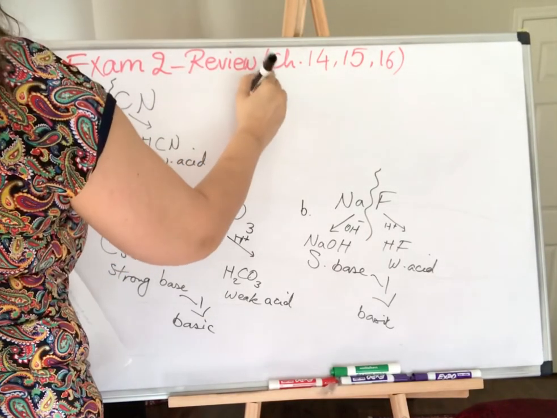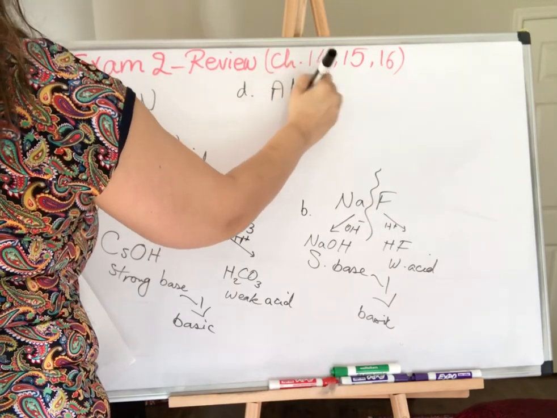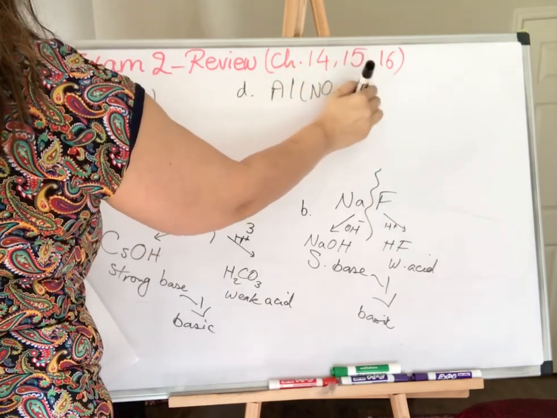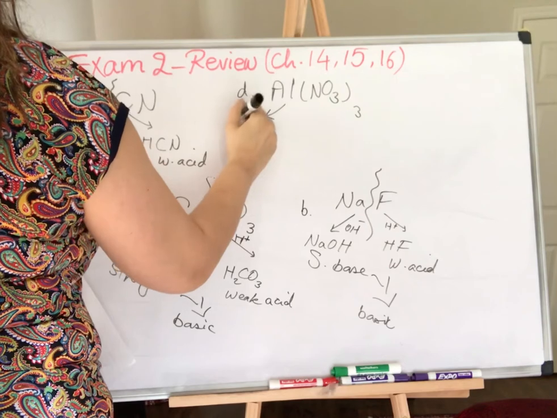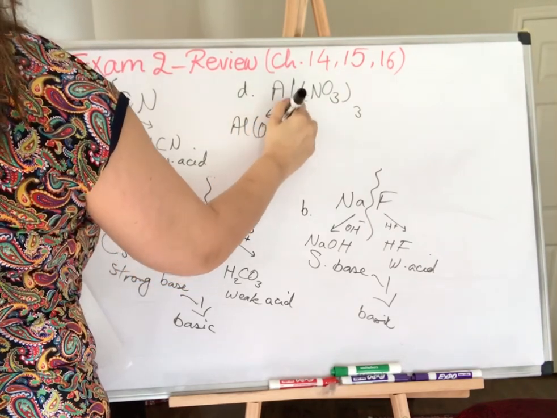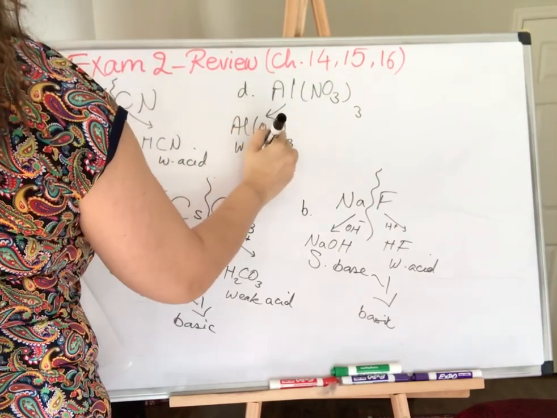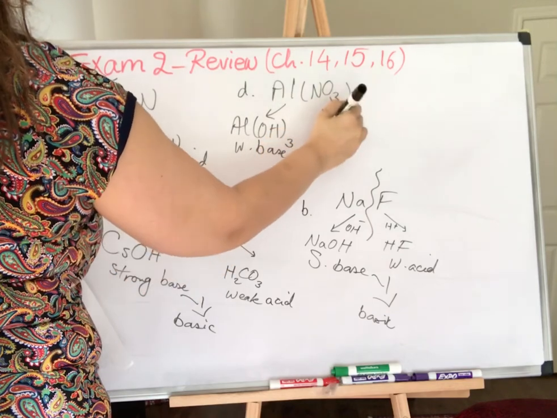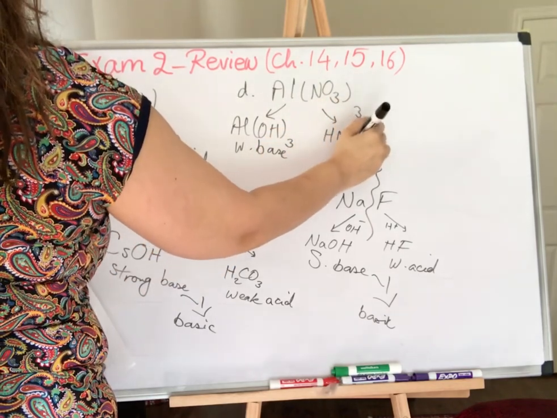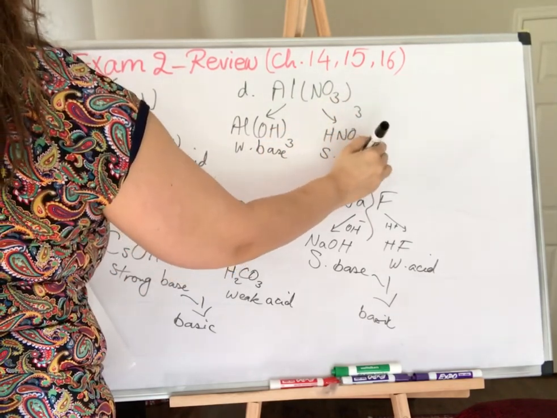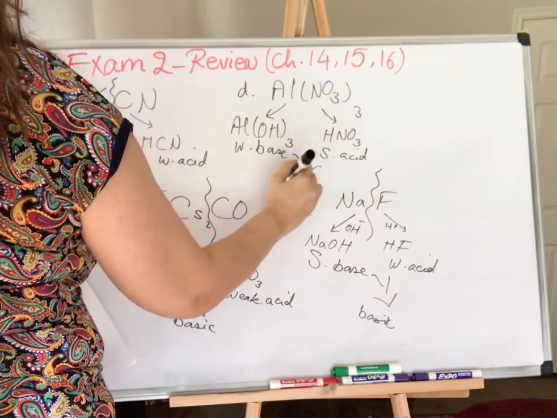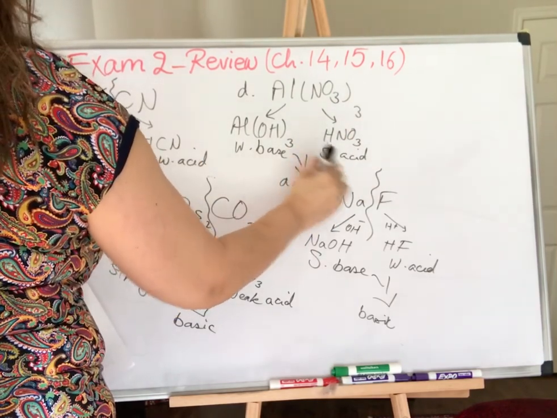Al(NO3)3: Al(OH)3 is a weak base, and this is going to be HNO3, a strong acid, so the result is going to be acidic. So this is the answer.